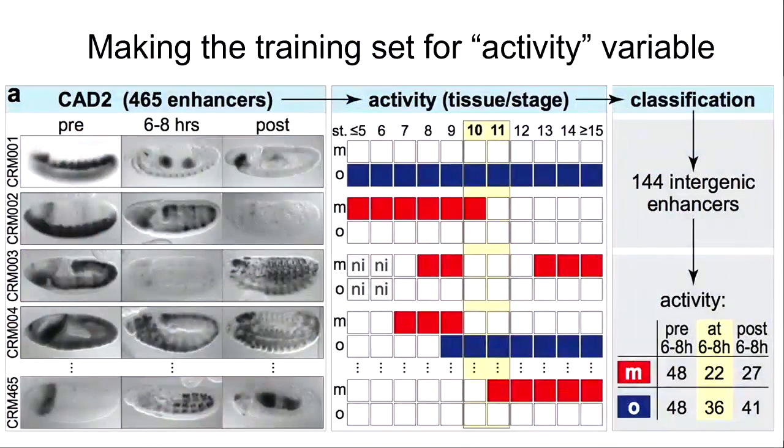So luckily we had those collaborators who could have compiled this for us, and they've basically built this matrix of examples. So basically this is from pictures of embryos with staining. They have compiled this database, and basically this was our training set.